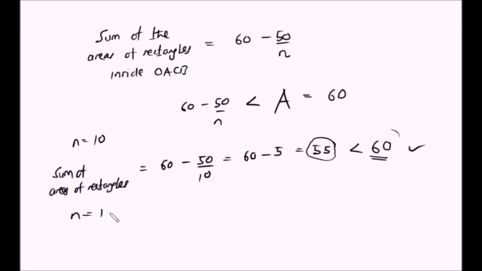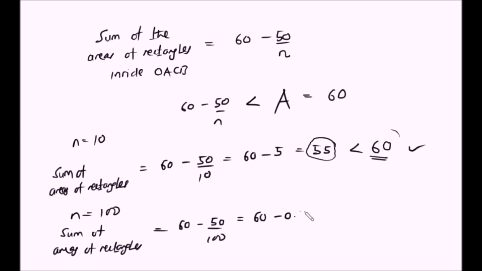But now increase the number of rectangles n to 100. So the sum of areas of rectangles will be 60 minus 50 over 100. So this one is 60 minus 0.5, which is 59.5.